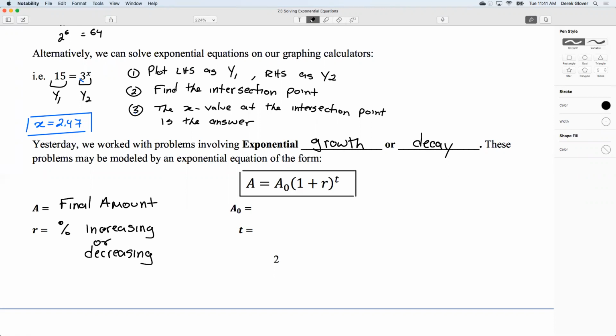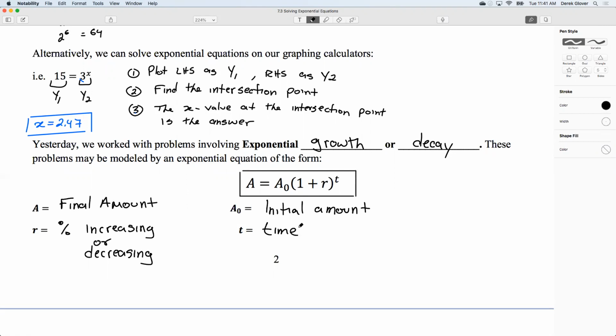Obviously, if it's an exponential growth, it's going to be like 1 plus 0.5 or 1 plus 1. If you're decreasing, this bracket needs to be less than 1, so it'd be like 1 minus 0.5 or 1 minus 0.2. A naught is your initial amount. And t is time.